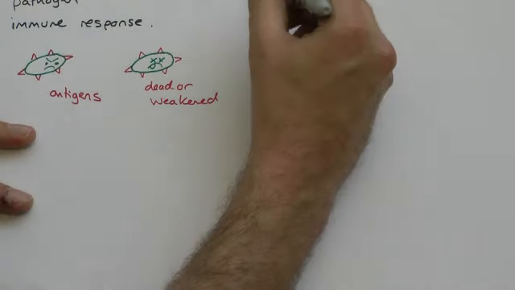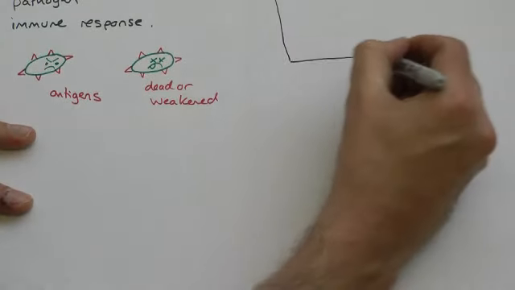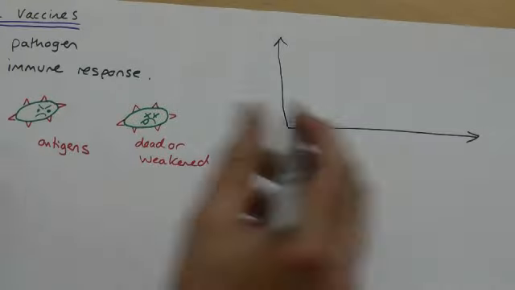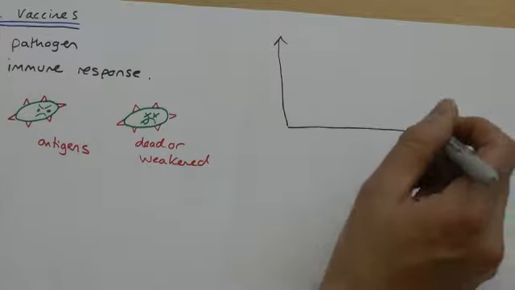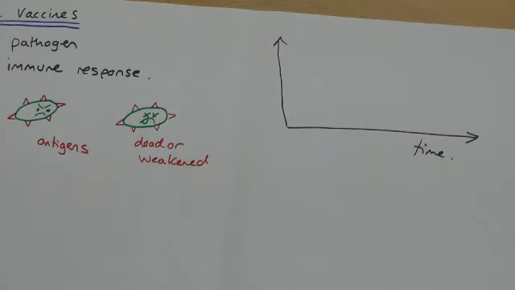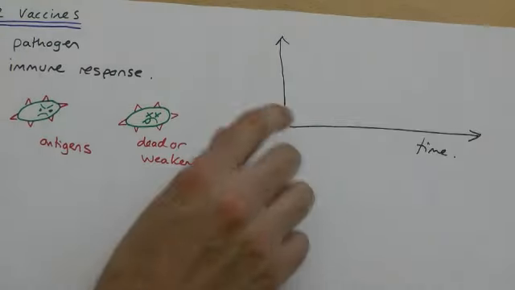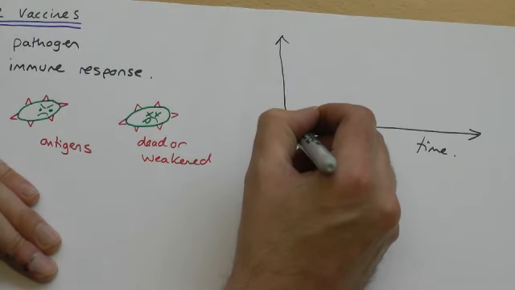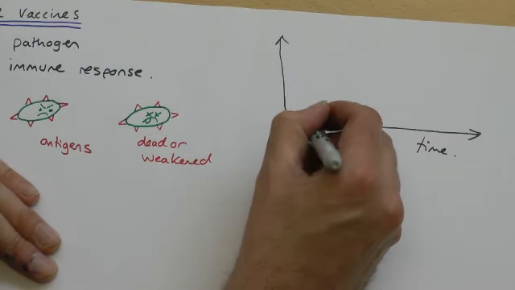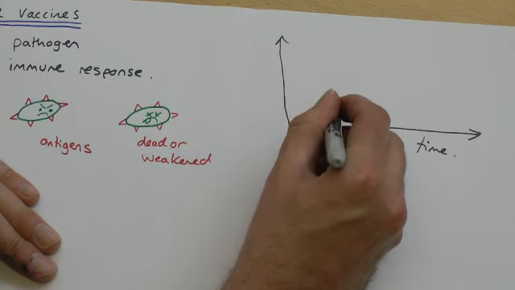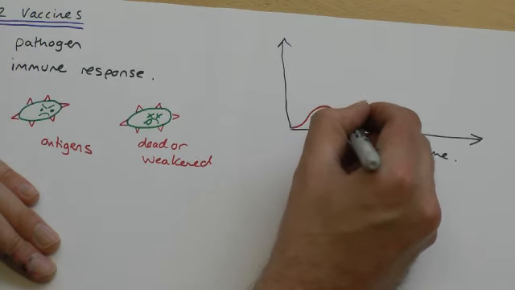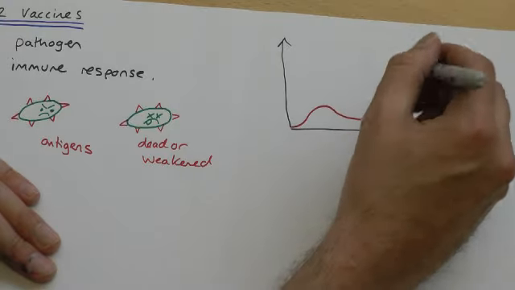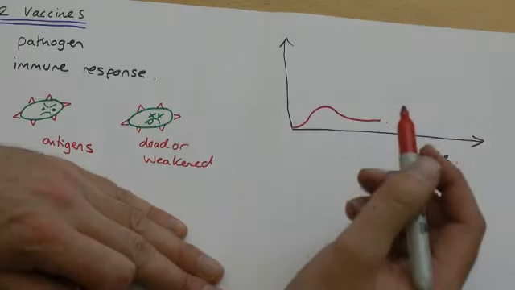So what will happen is, if we draw this out as a graph, normally what would happen if we injected one of these pathogens into people's bodies, your body would respond by making more white blood cells and it would fight it off. Okay, some of these remain behind, if you need to watch the clip on white blood cells, as memory cells.